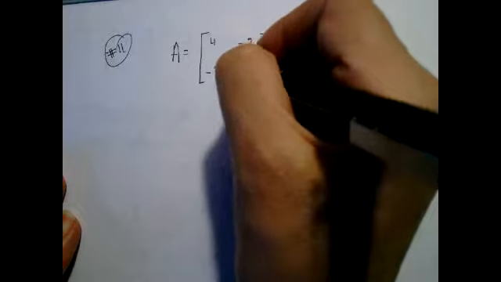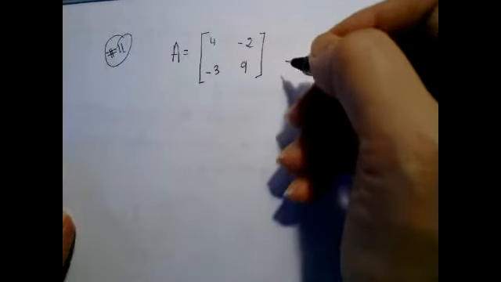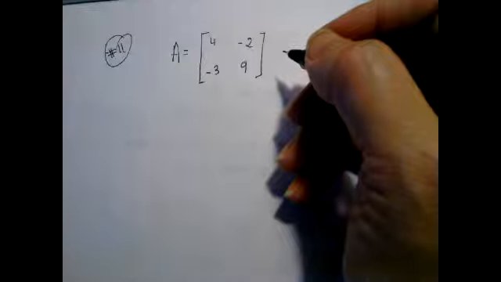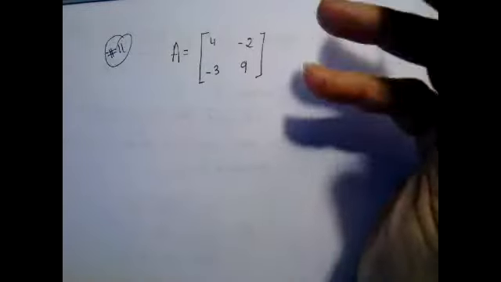All right. So let me look at number 11. And we have a matrix A, which is the following: the rows (4, minus 3) and (minus 2, 9). And the question is, find, I told you on the homework, drop the word basis.